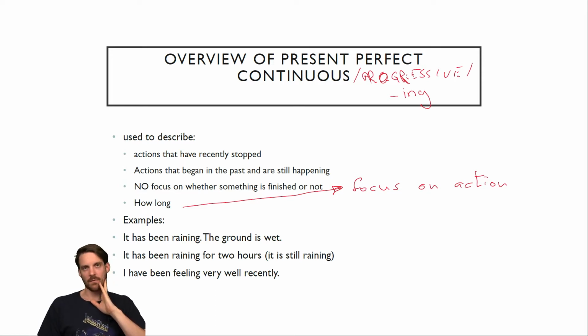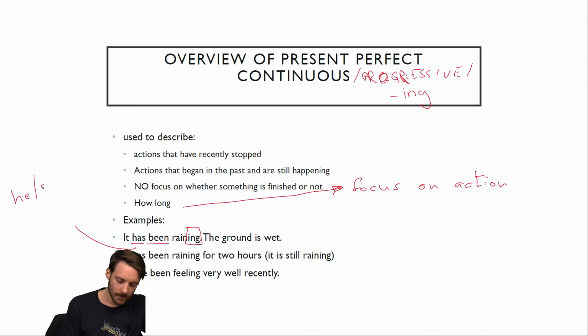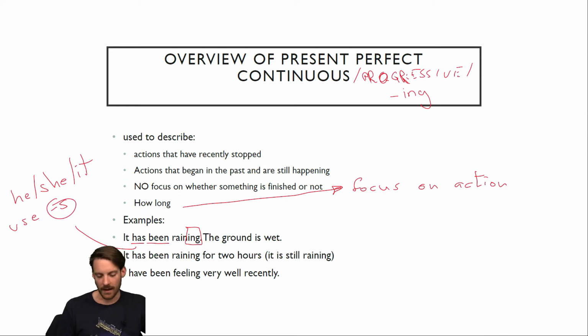We're using the ing form here, so there's the ing, has and been. For he, she, it, we use the s. That's a really obvious thing. Therefore, there's has and not have. It has been raining, or it has been raining for 2 hours, and it's still raining in this case.